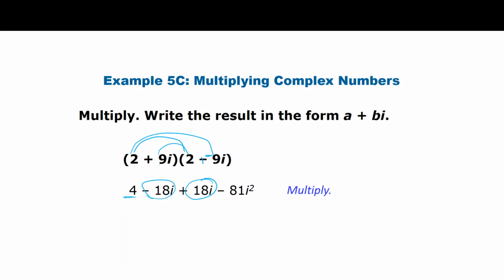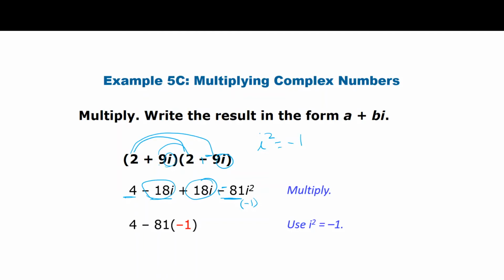And then we have 9i times -9i, and that's -81, and our i's are squared. Remember, i squared equals -1. So -81 times a -1 is going to give us a +81. And then let's just go ahead and fill that in.